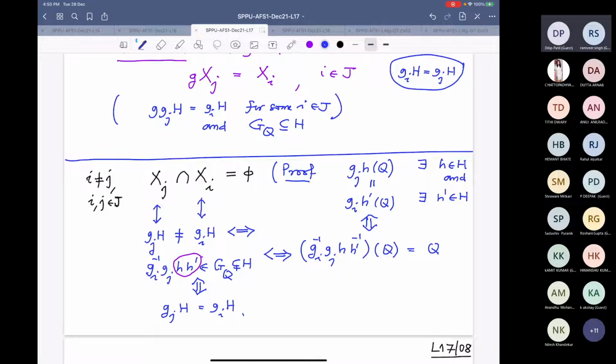Agreed? Because Gi inverse Gj belongs to H, therefore I multiply this by Gi and then I get this equality. But this is not possible because I started with a different I and J. So this is a contradiction.